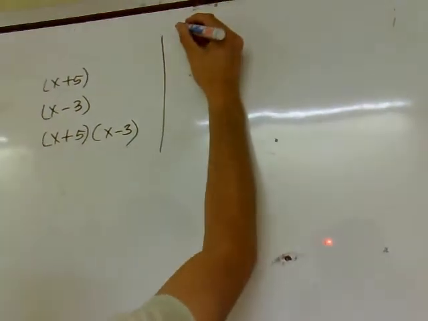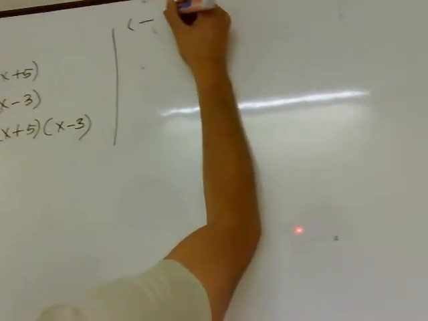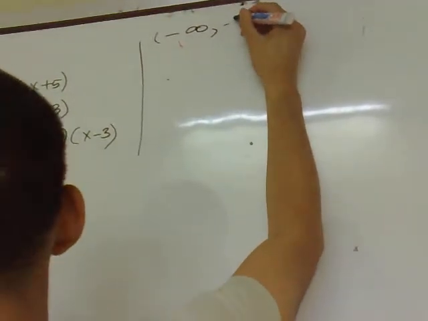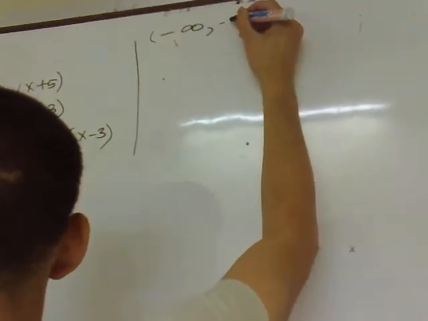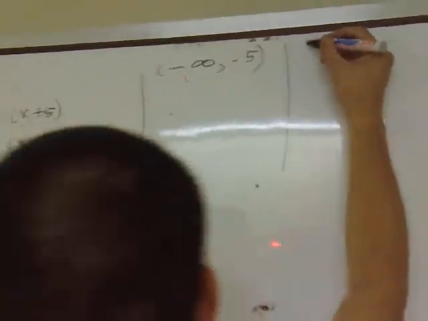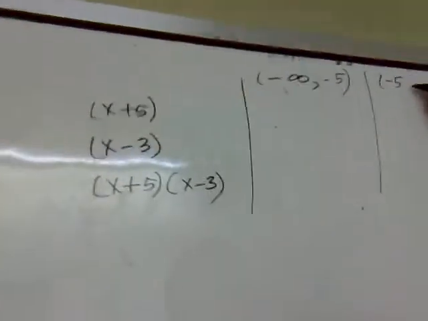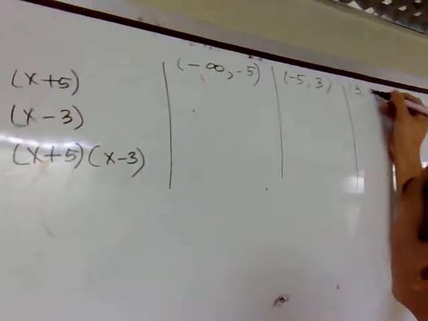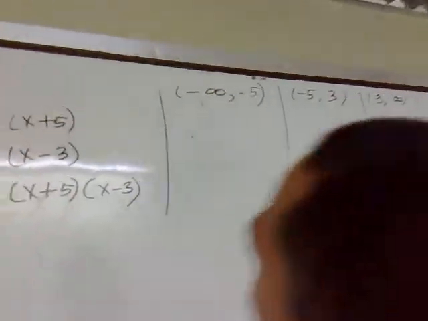Here I will write negative infinity up to negative 5, in my middle section negative 5 to 3, and on the right side 3 up to positive infinity.